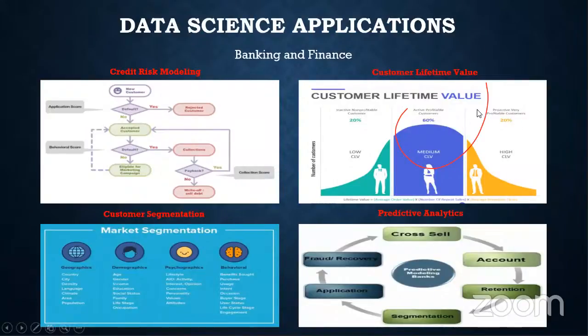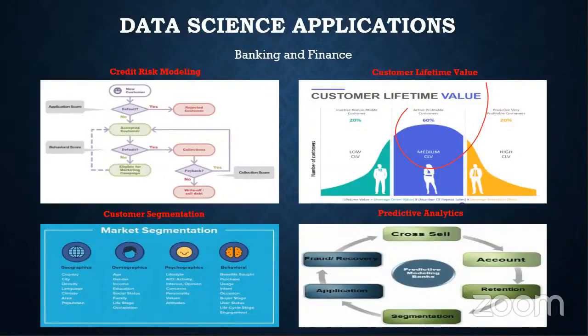If it is proactive, they don't have any risk of default. If it is active, there might be some risk, but it's not always true. And if they go for inactive customers, then definitely there is a higher chance of getting defaults. So that is how the bank tries to understand.